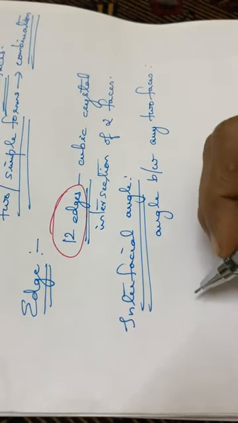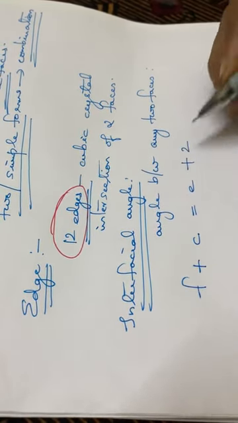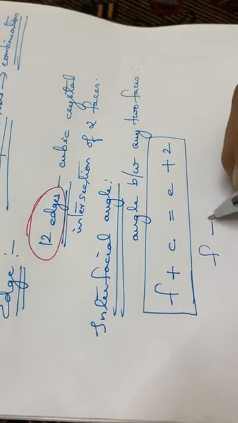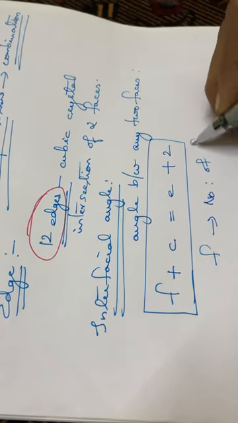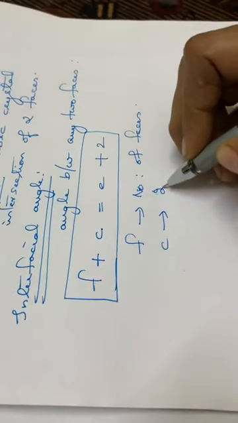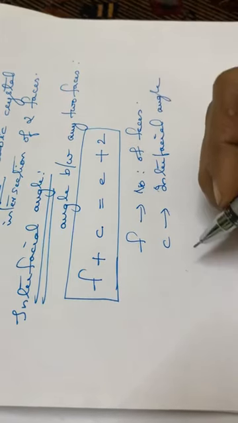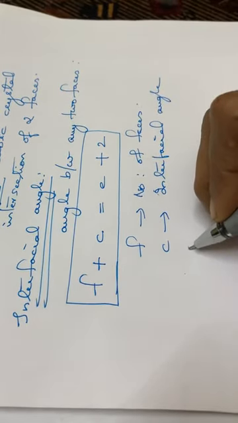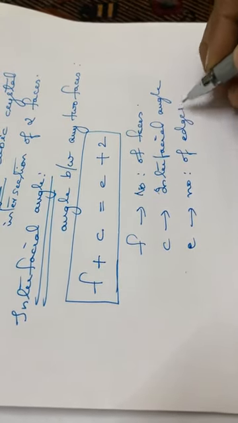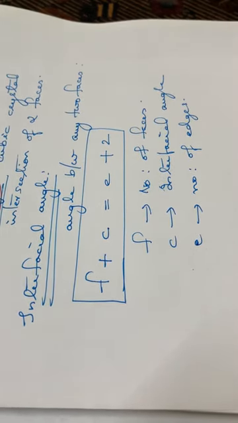The formula is F plus C is equal to E plus 2, where F is the number of faces, C is the interfacial angle, and E is the number of edges.